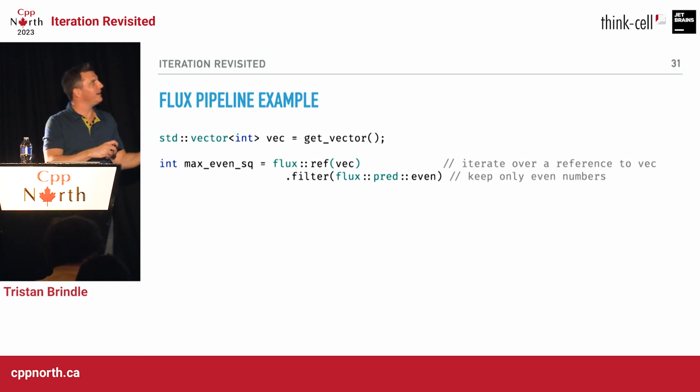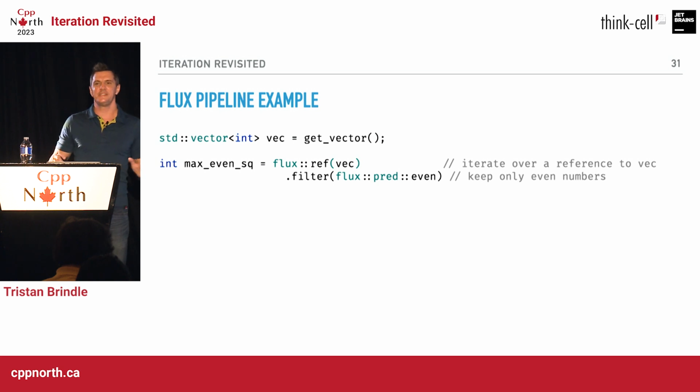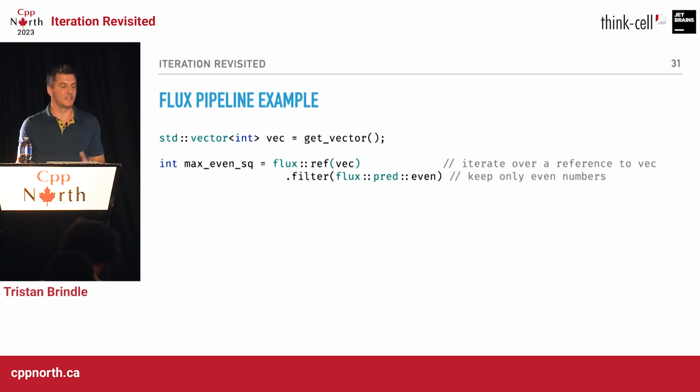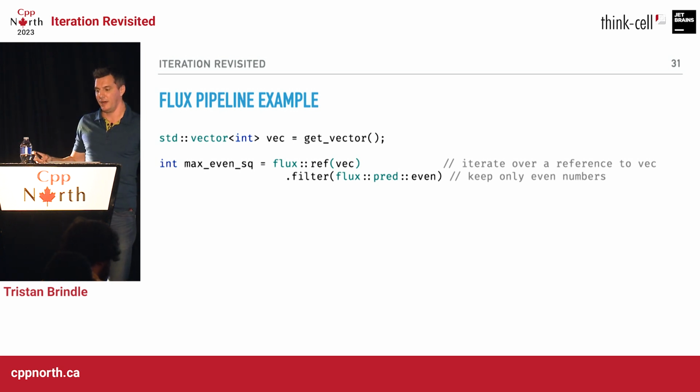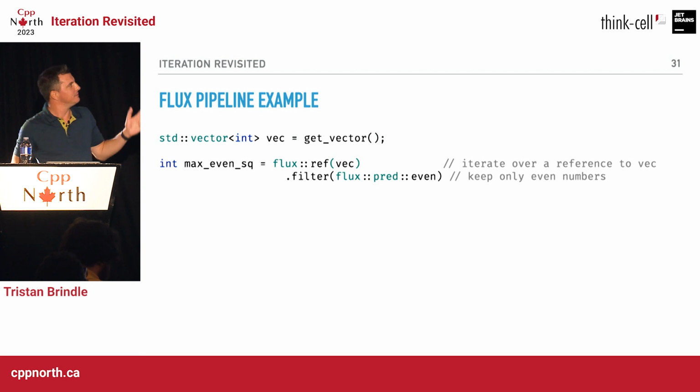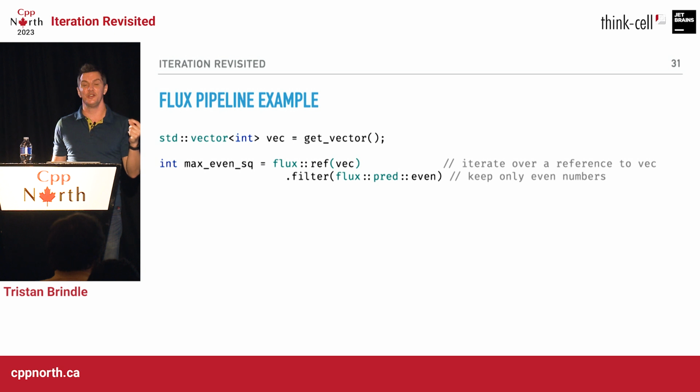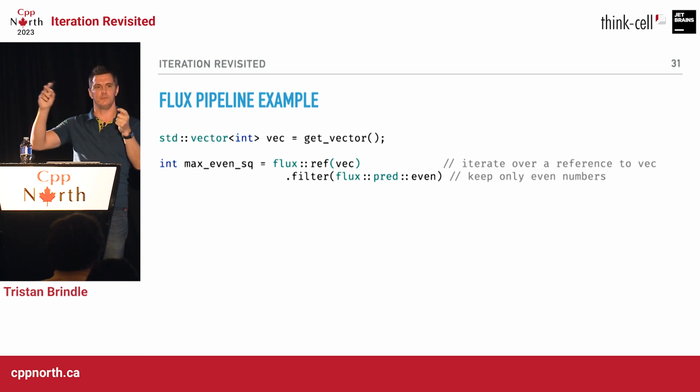Okay, so I've got to be honest, there's no technical reason for using member functions as opposed to pipes. I could have used pipes in Flux. It wouldn't have been easy, but it wouldn't have been all that difficult to use the pipe operator in Flux. The thing is, I just find that the dot syntax makes your source code so much more readable than having pipe standard views transform, pipe standard views, and so on.